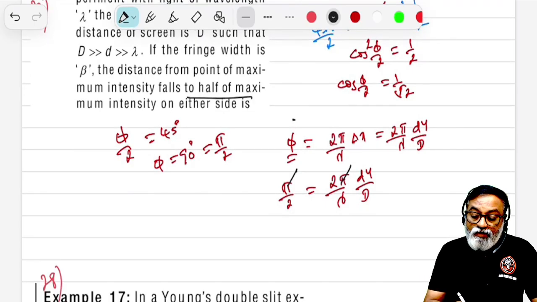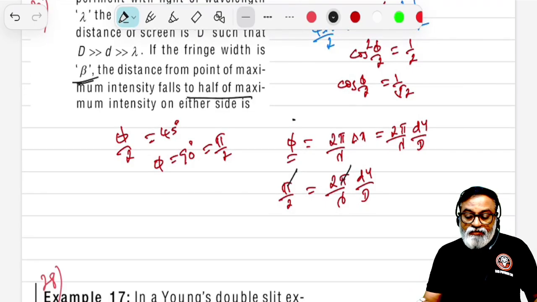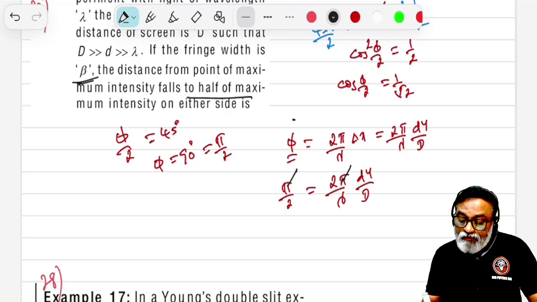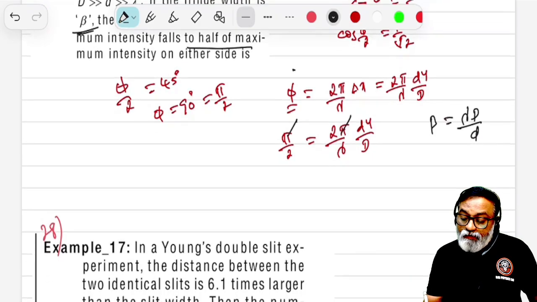But here the fringe width is beta. Therefore, we have to find out y in terms of beta. Next one. Beta is equal to lambda D by d. From this, d by D is equal to lambda by beta.